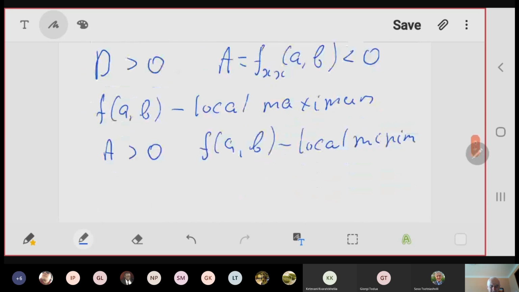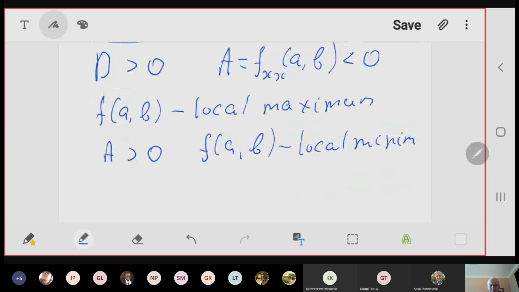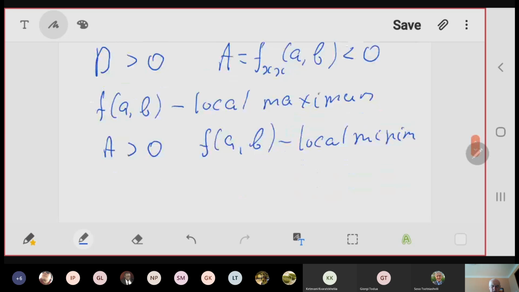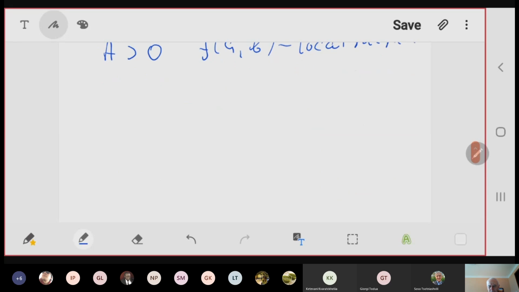Let's start with an example, and it will be more clear. For example, we have a function z equals x square plus y square plus 2.